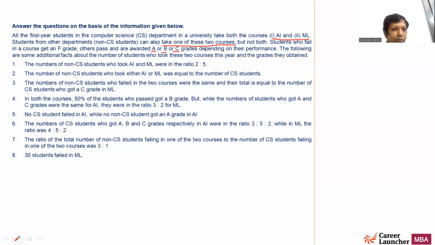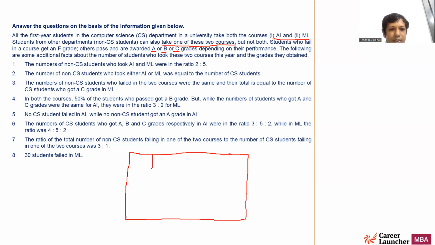So what I'm going to do is draw a table like this. There are 4 grades. So I am just going to give grades to people. This is AI.